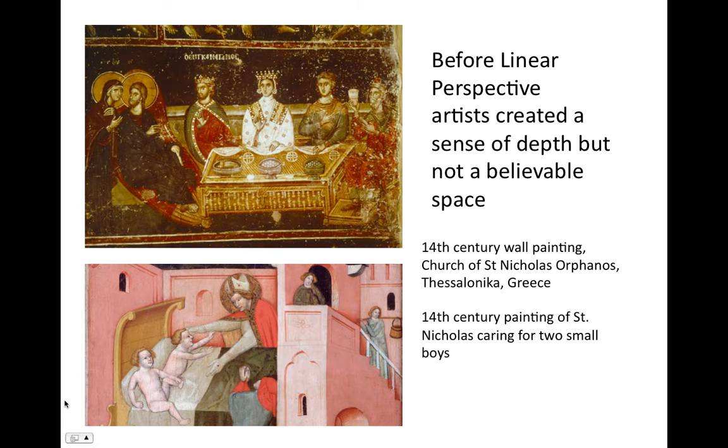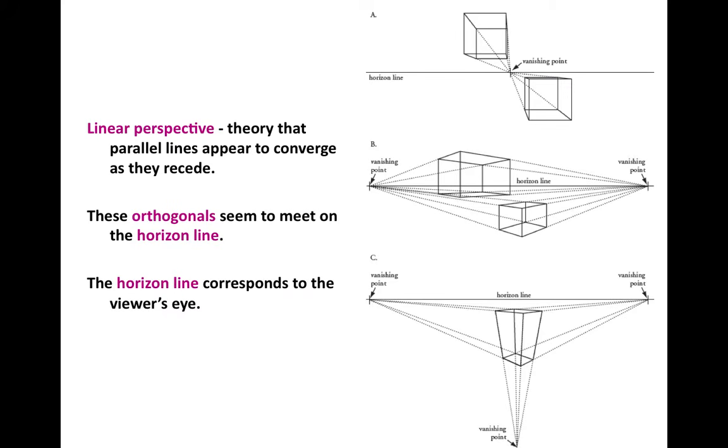This was a common thing that happened in paintings from the 14th and 15th centuries, where they don't appear to be parallel to the floor. So the relationship between parallel planes, parallel lines, and perpendicular planes or perpendicular lines weren't always believable. This is, of course, because the artists weren't using linear perspective.